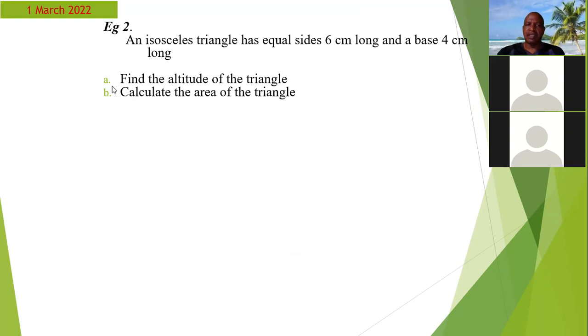Let me allow you to do part A first, and then we'll go through part B together. I want you to construct the isosceles triangle, apply what you know based on what the question gives you, and also apply what you know based on Pythagoras theorem and see if you can calculate the altitude.